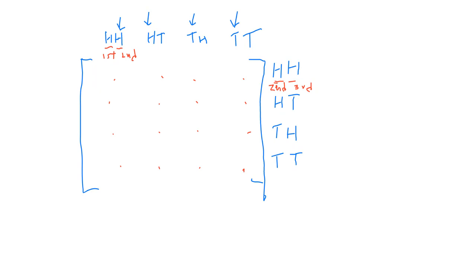Okay, let's look at the entry here. Is it possible to go from a state HH to a state HH? With some probability.